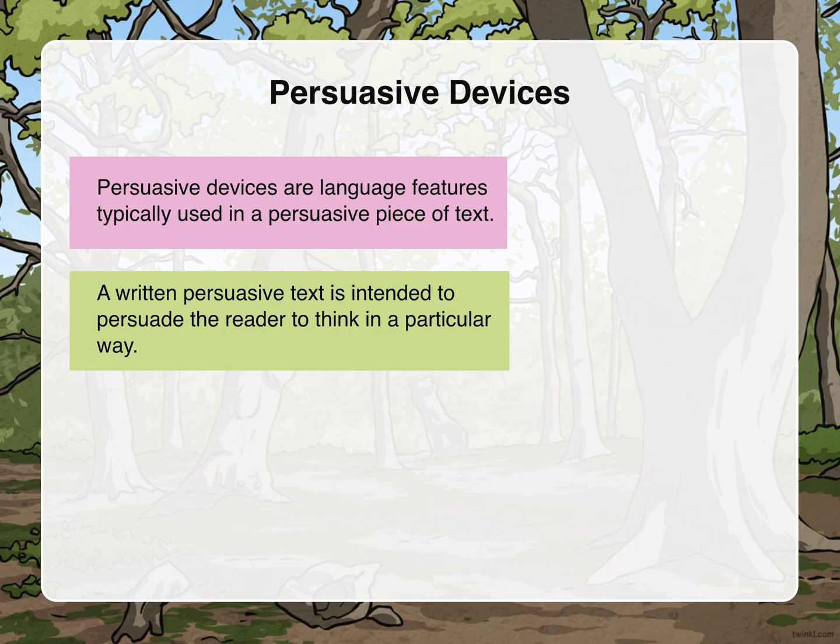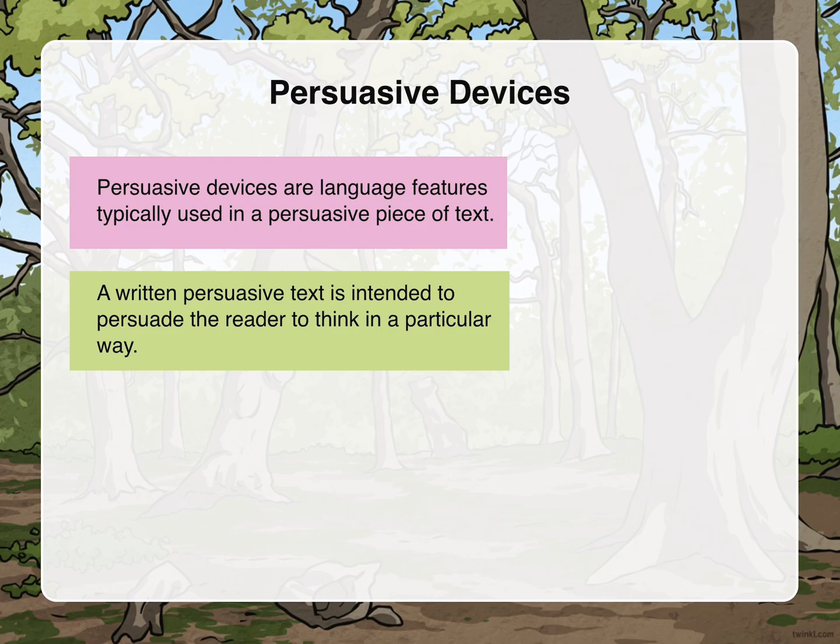A written piece of persuasive text is intended to persuade the reader to think in a particular way. So, for an example, let's use chocolate. Surprise, surprise. So, I might say that Cadbury's chocolate is the best chocolate out there. Cadbury's is my favourite.